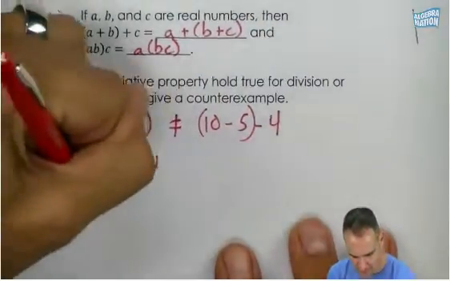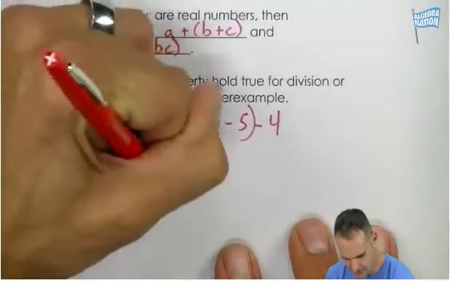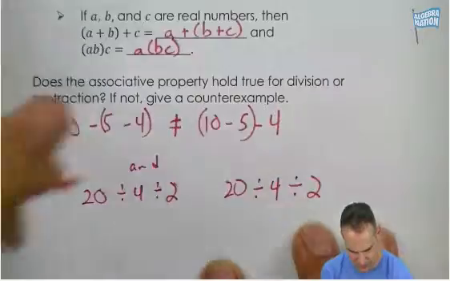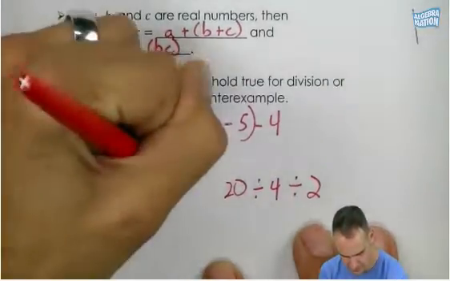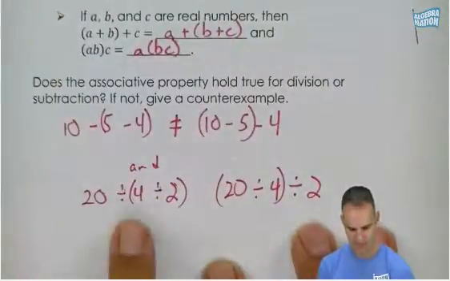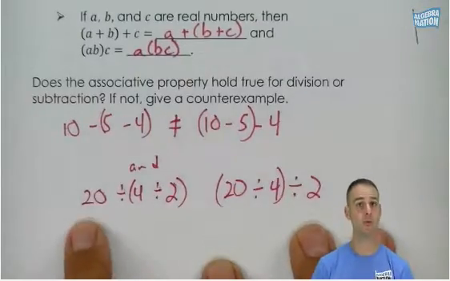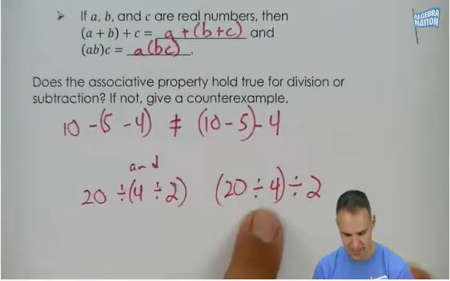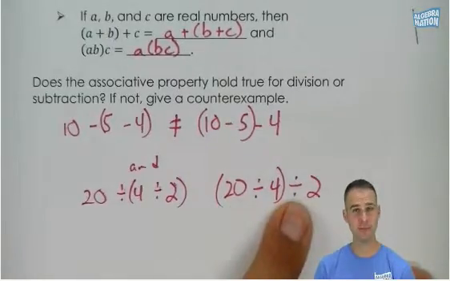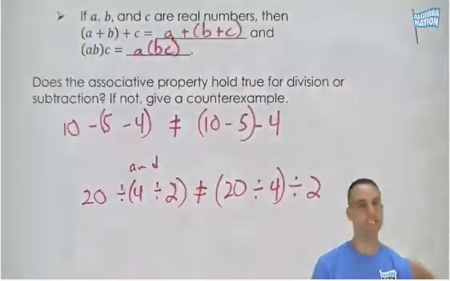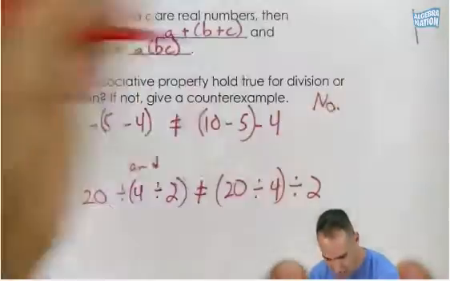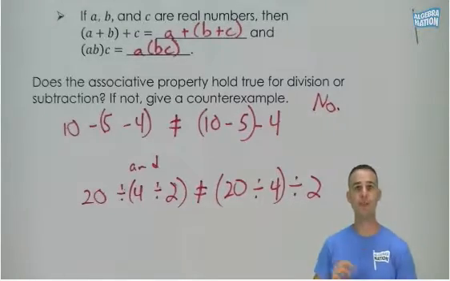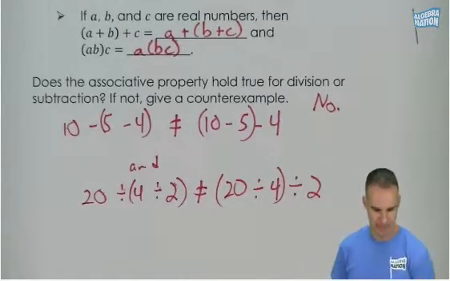So let's look at 20 divided by 4 divided by 2. Once again, let's put parentheses. Okay, 4 divided by 2 is 2. 20 divided by 2 is 10, so remember 10. 20 divided by 4 is 5. 5 divided by 2 is not 10. So the answer is no. The associative property does not hold true for division or subtraction, okay?